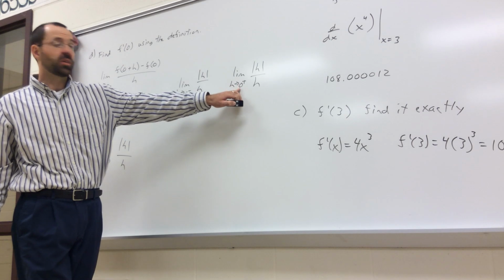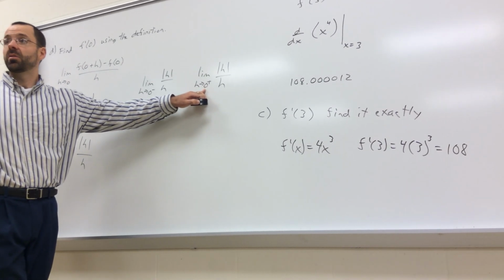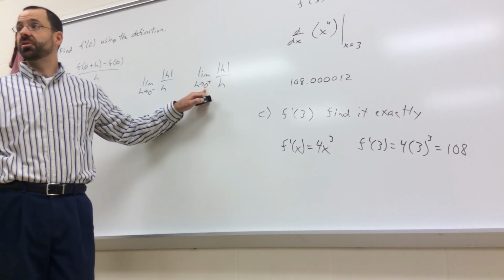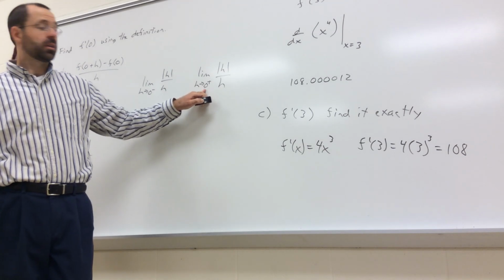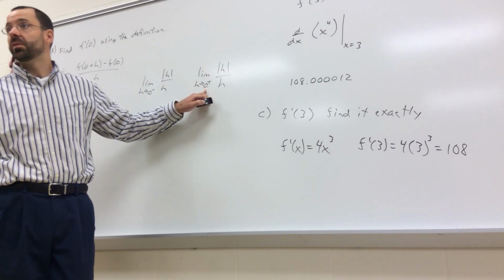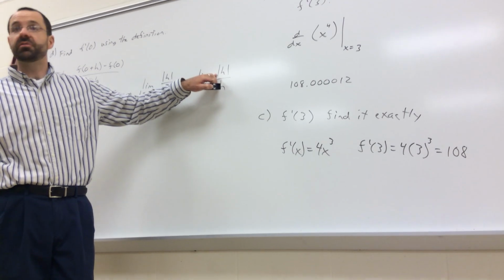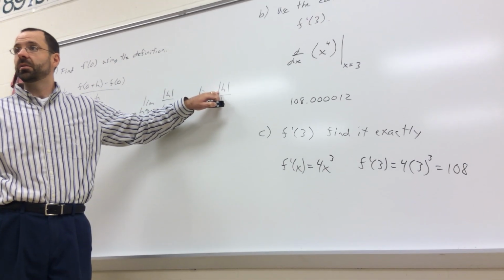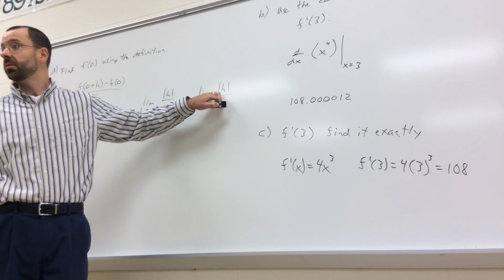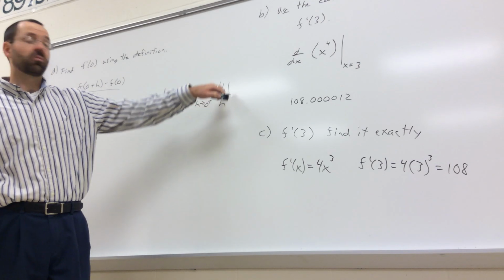Okay, so over here, when we approach 0 from the right, we're plugging in stuff like 0.001. And that's a positive number. So what does absolute value do to a positive number? Doesn't do anything, right? So I could just get rid of the absolute value signs.